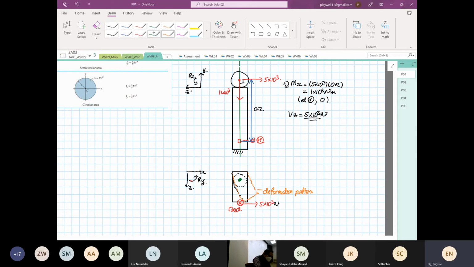However, if you look at the centroid, okay, we view the centroid. So this is our centroid. It did not deform. Right? It did not move at all.